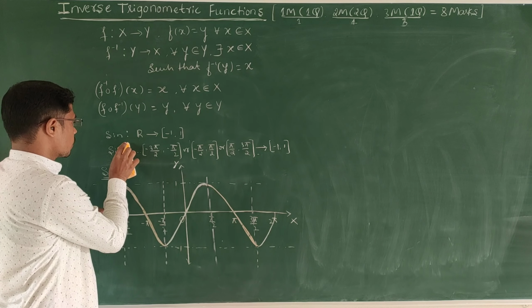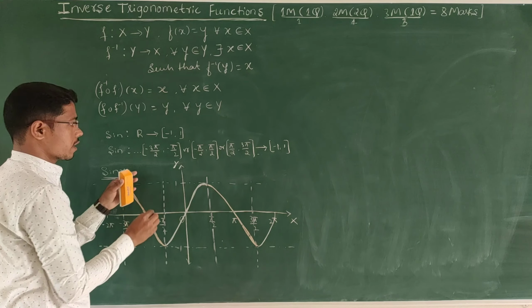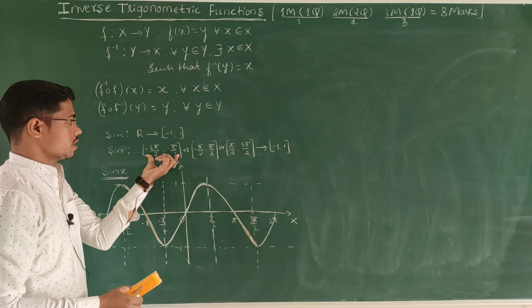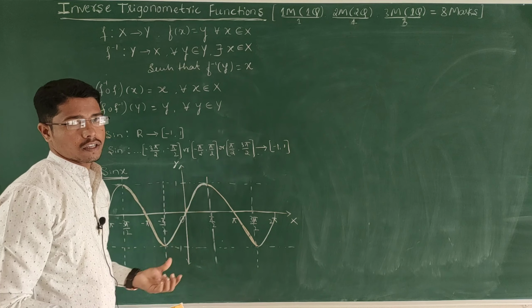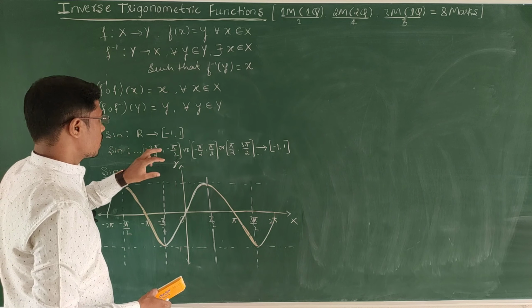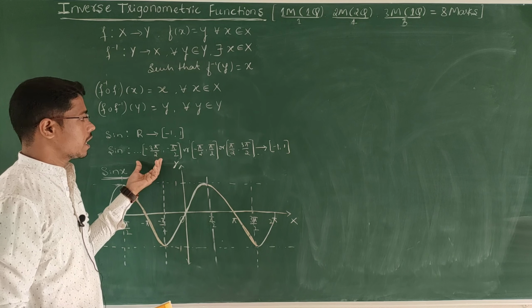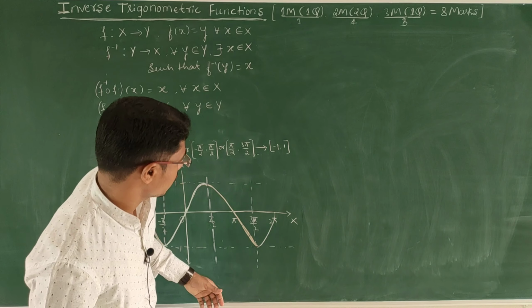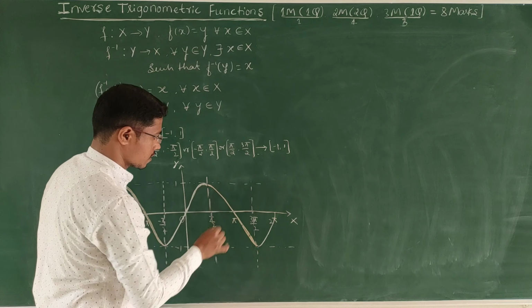Okay, so basically sine, I will define like this with closed intervals, these different ranges. If I consider any one among these as the domain, then sine will become invertible. Okay, so this is one reason, this is the second reason, this is the third reason.